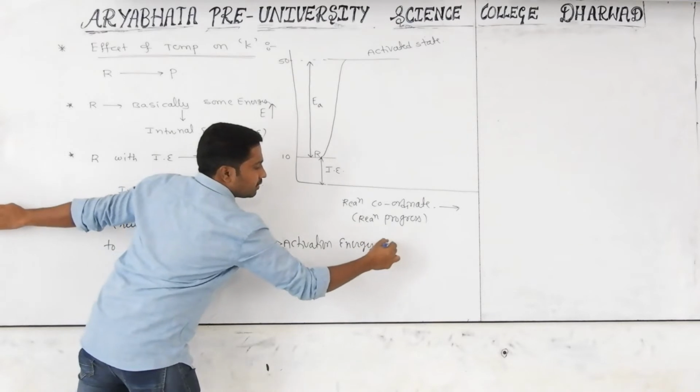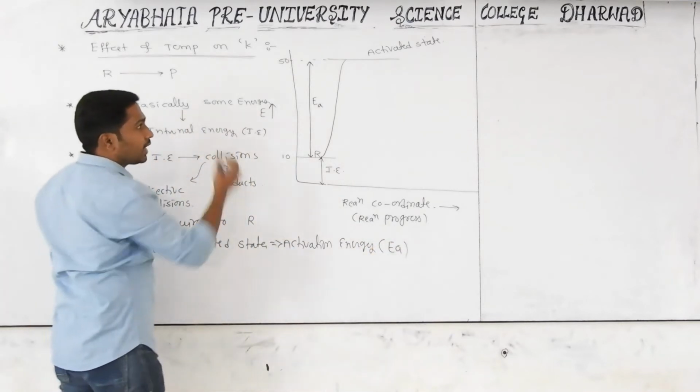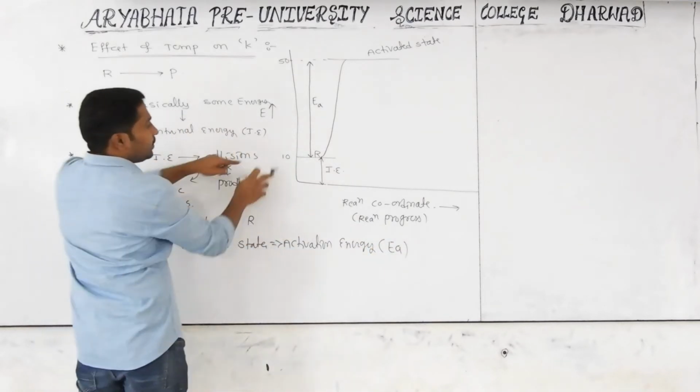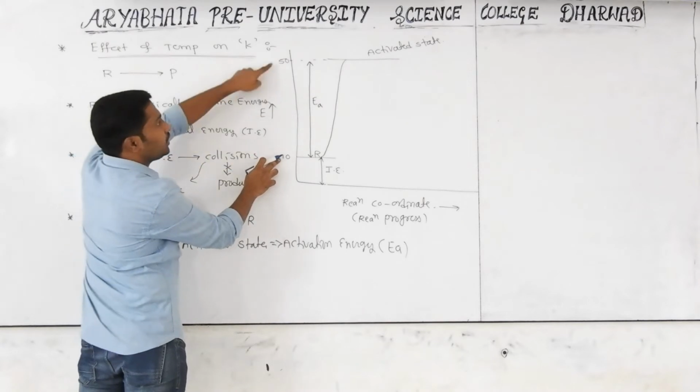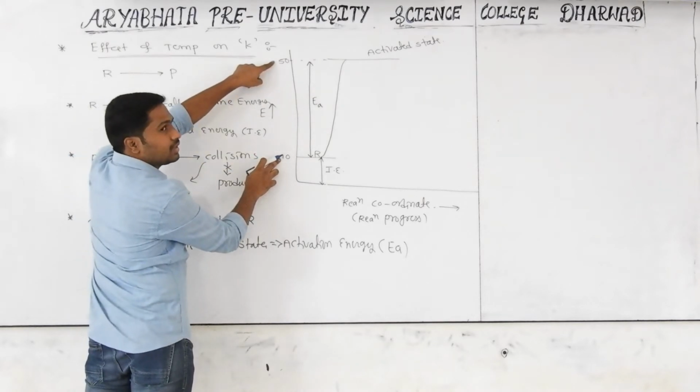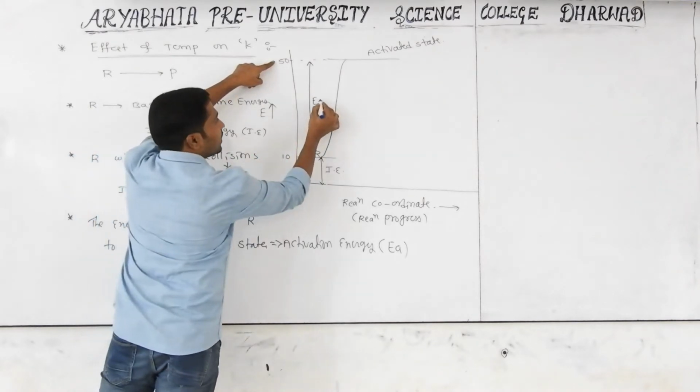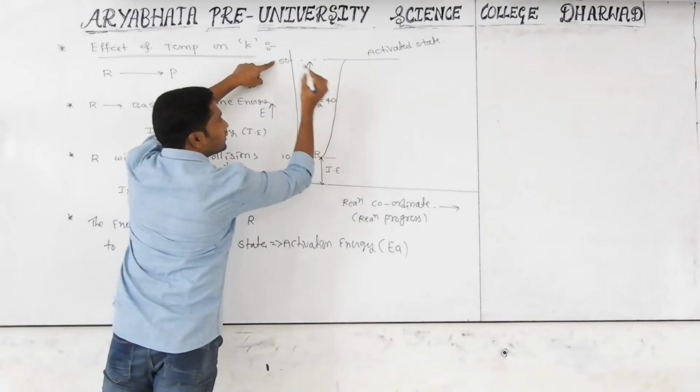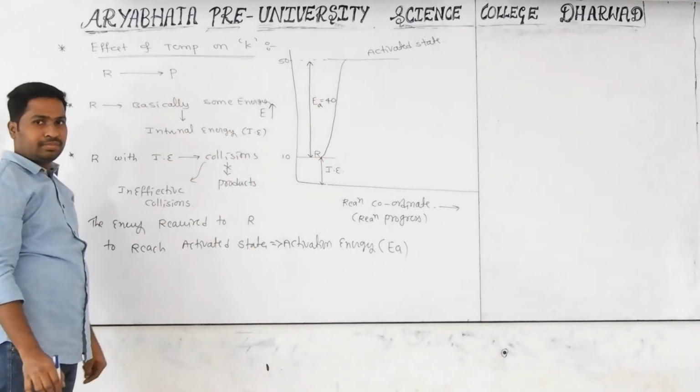Activation energy is denoted by EA. So what is the activation energy here? Basically they are at 10 and need to reach 50. How much energy is required? 40 is required. That's why the activation energy for the reactant in this reaction will be 40.